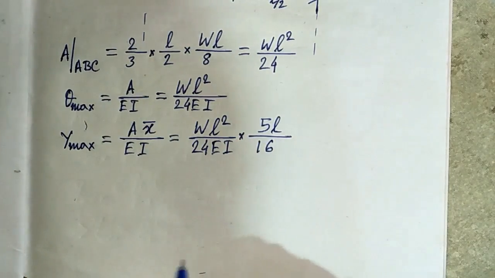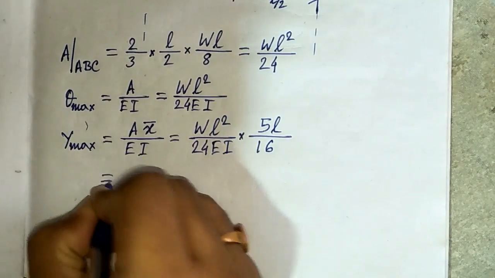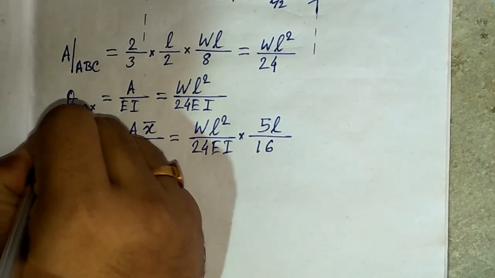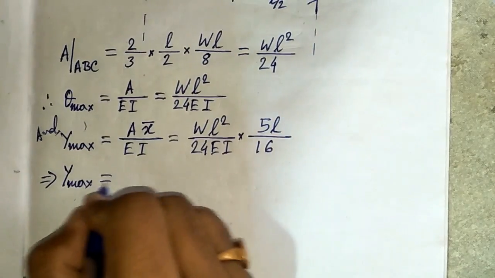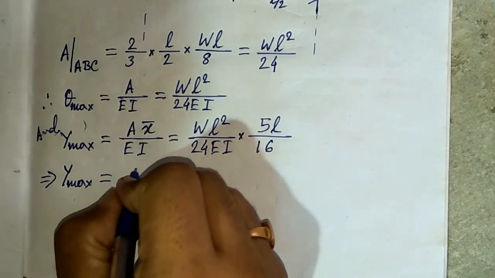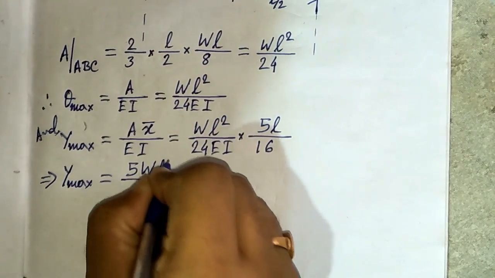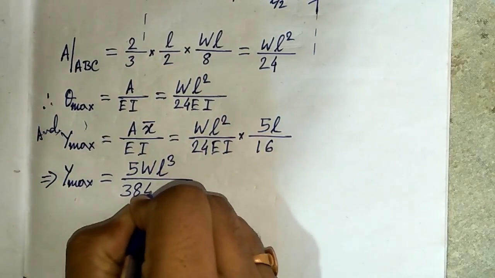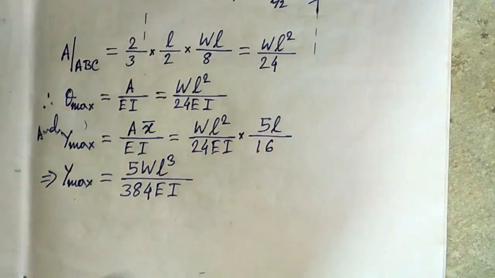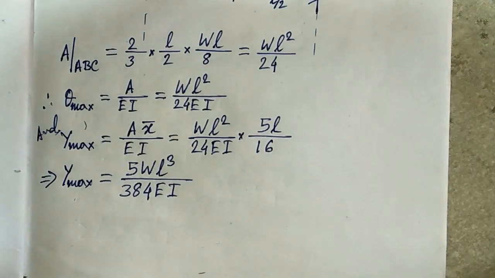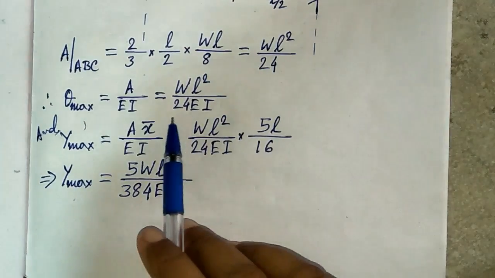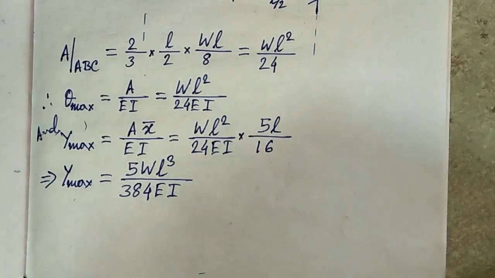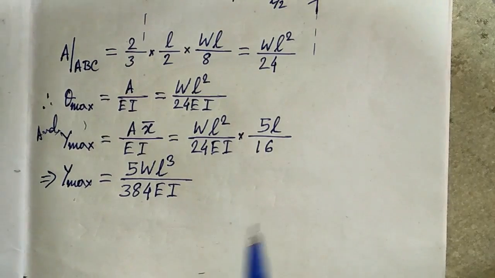So Y max is equal to 5WL cube by 384 EI. This is the expression for deflection at the midpoint, and the other is the expression for slope at the supported point, that is the right side point.